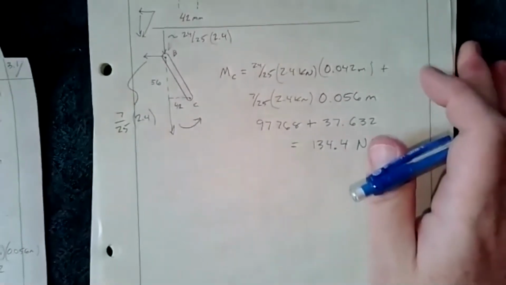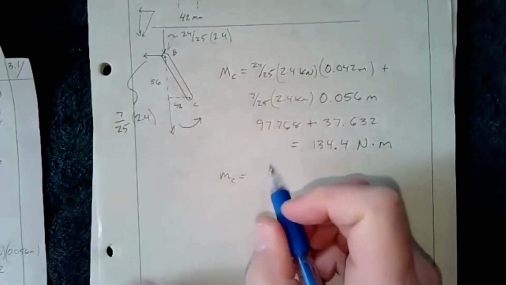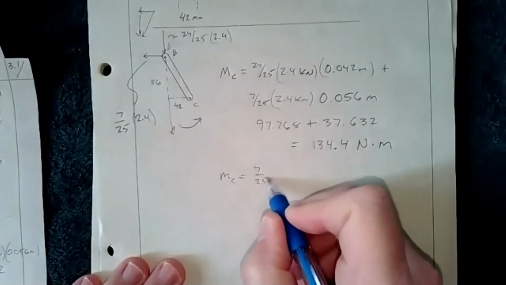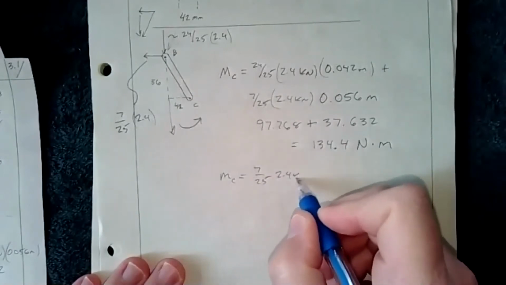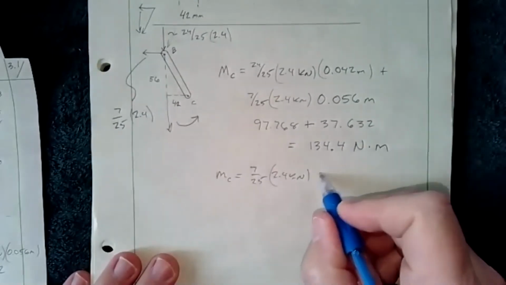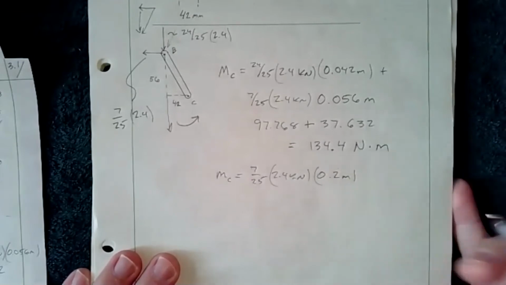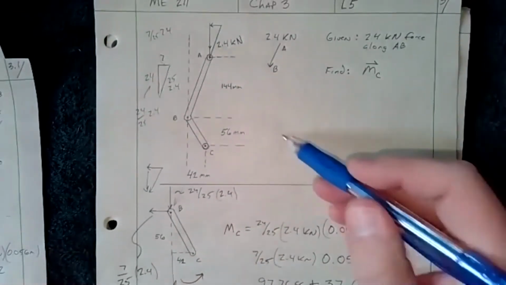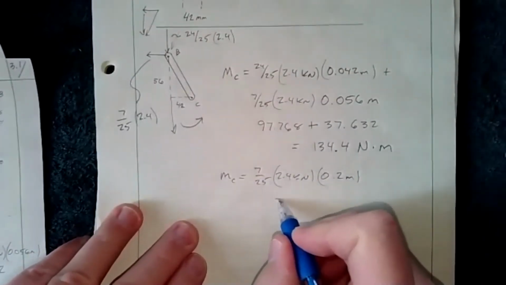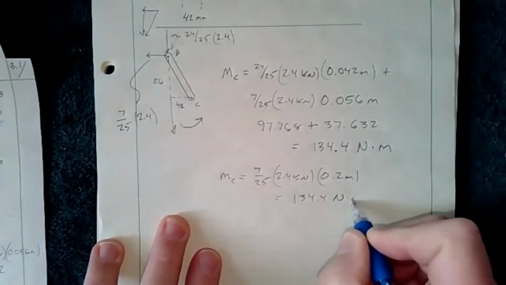So I could also write this as MC equals 7/25 of 2.4 kilonewtons, and that would be multiplied by a distance of 0.2 meters. So that's a total of 200 millimeters from there, 56 plus 144, 200 millimeters. And I get 134.4 Newton meters.